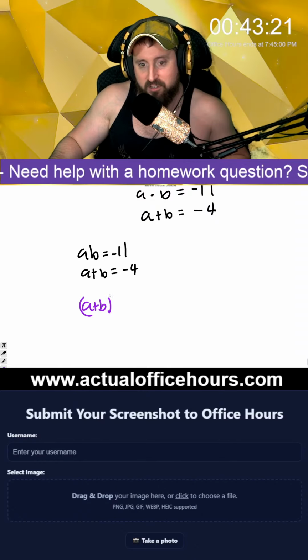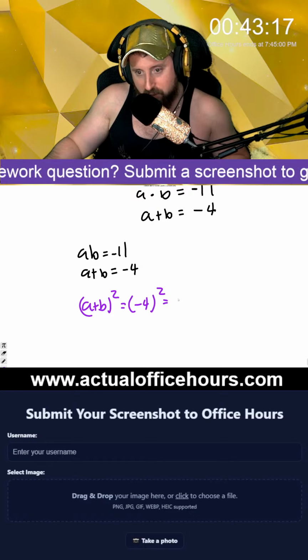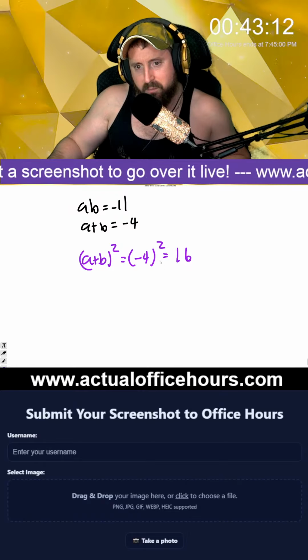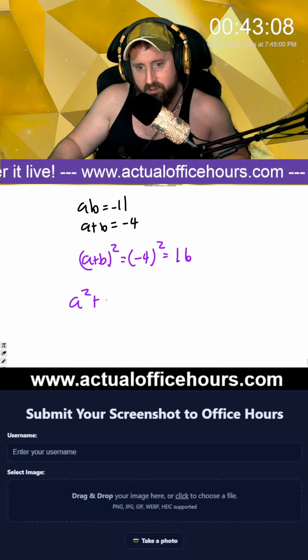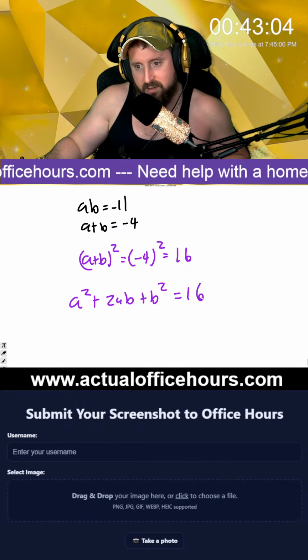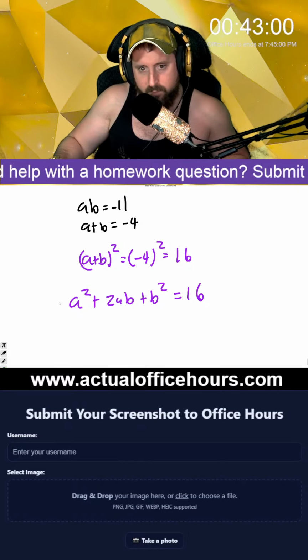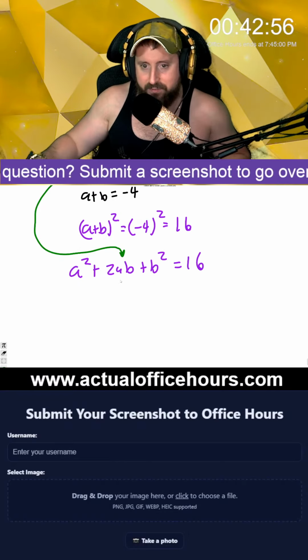So a plus b squared would be equal to negative 4 squared, which is equal to 16. But a plus b squared is also equal to a squared plus 2ab plus b squared, which is equal to 16, if I expand it. And then ab is also equal to negative 11.